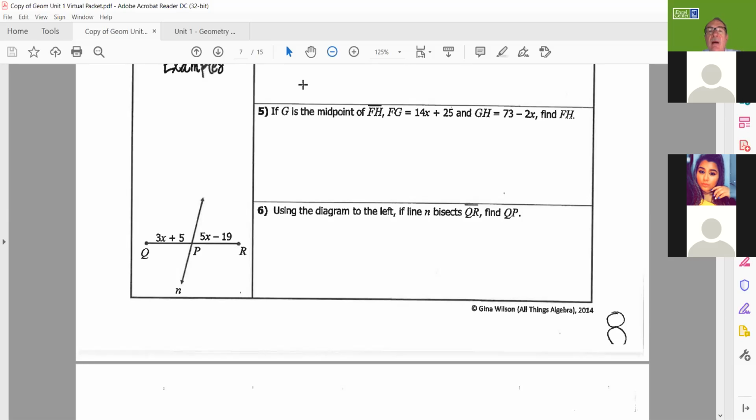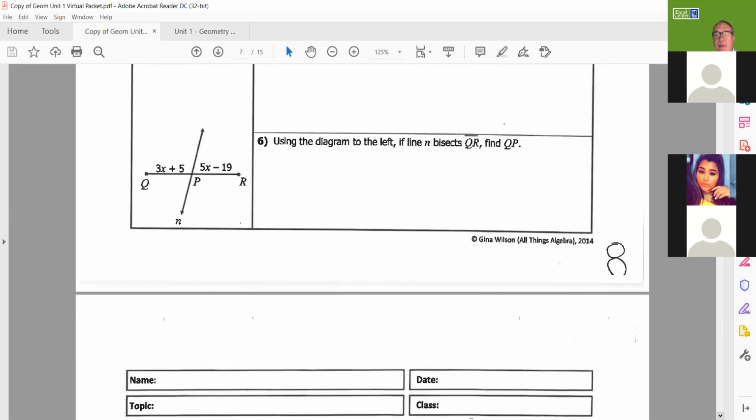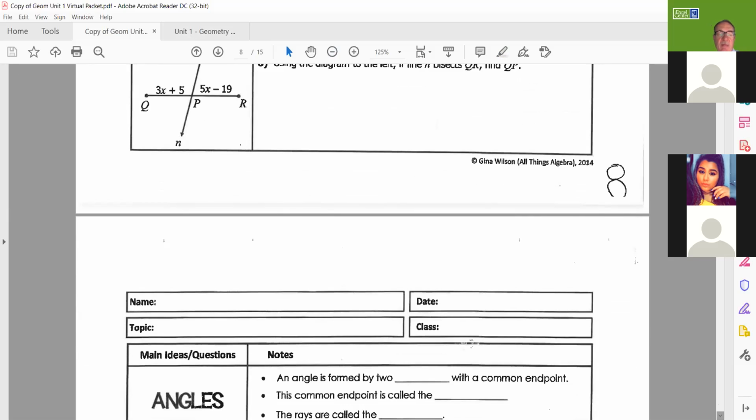They are equal to each other. So 3x plus 5 equals 5x minus 19. Now find x, then you can find how long QP is. I've already said a couple times, remember the definitions will come back to you again and again, and that's a perfect example.